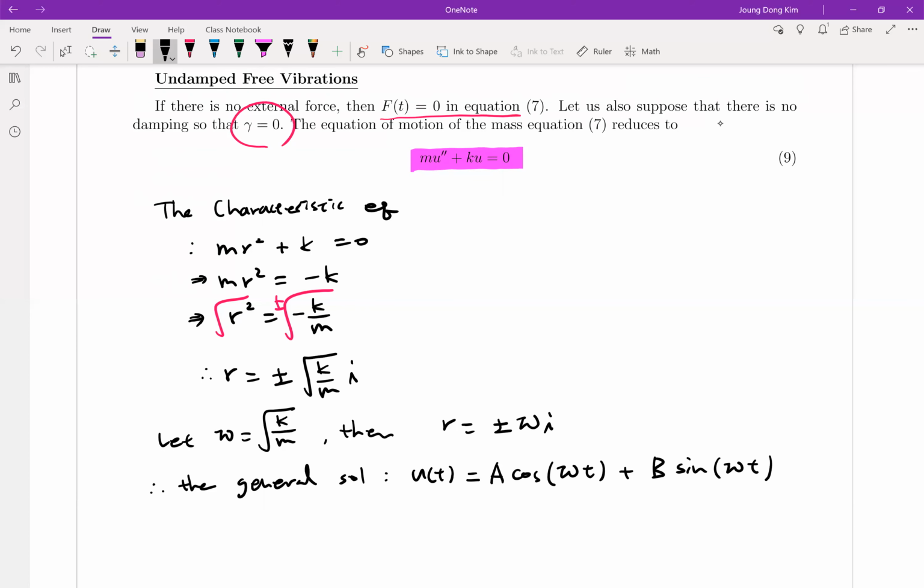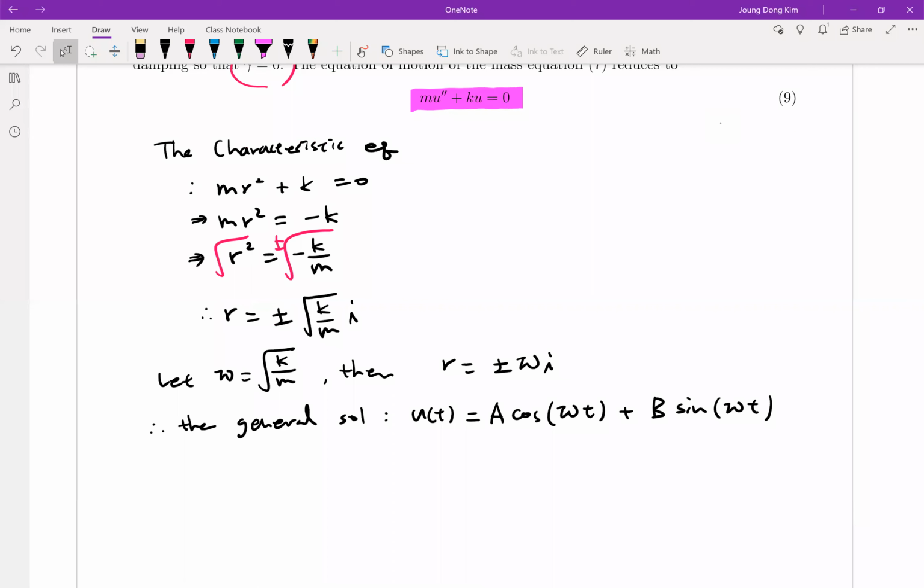We will define new variables r and delta. For some arbitrary r and delta values, let's say a is r cosine delta and b is r sine delta.